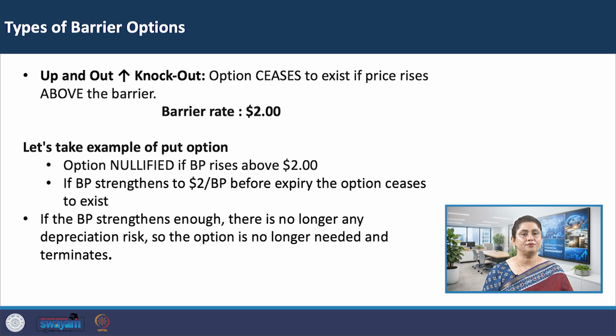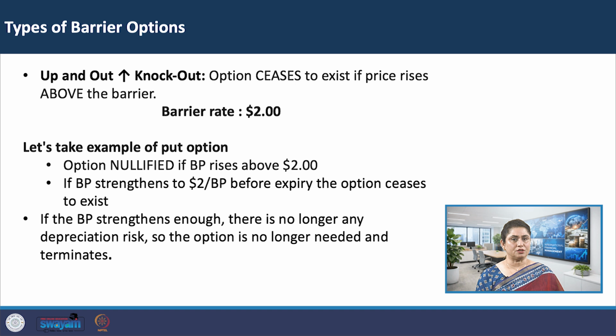Let us say we have an up and out put. Here the option ceases to exist if price rises above the barrier. Let's take an example of a put option where the strike price is $1.80 per British pound and the barrier set in this option is $2 per British pound.